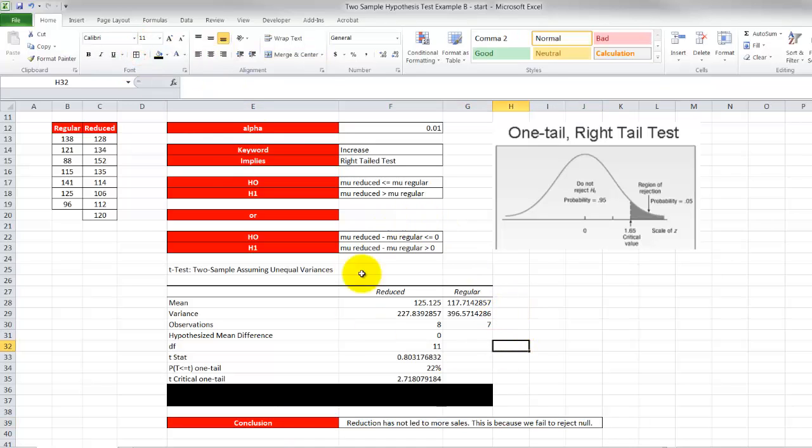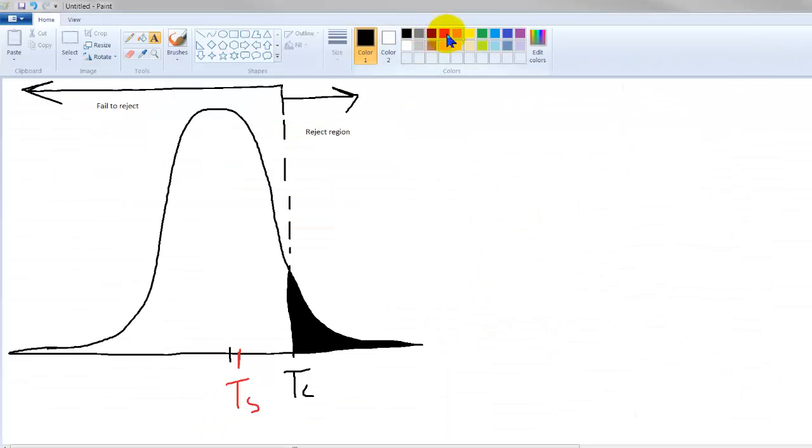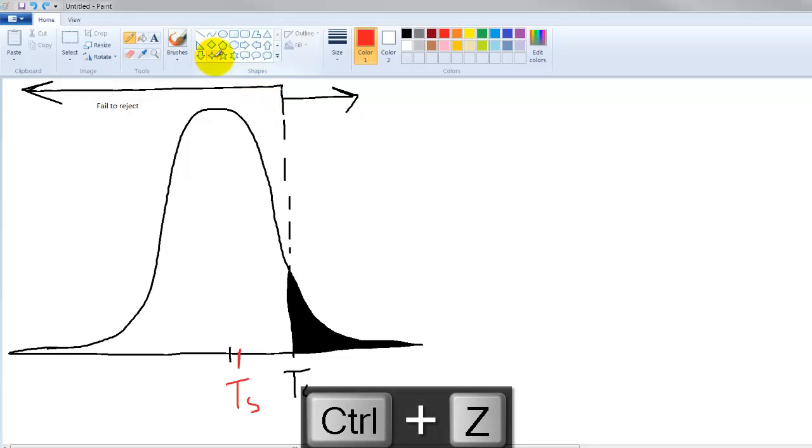Since we are dealing with a situation where the p-value is really high, I can explain that visually here. The p-value is always dictated by the test statistic. Let me draw a line there instead of dotted.